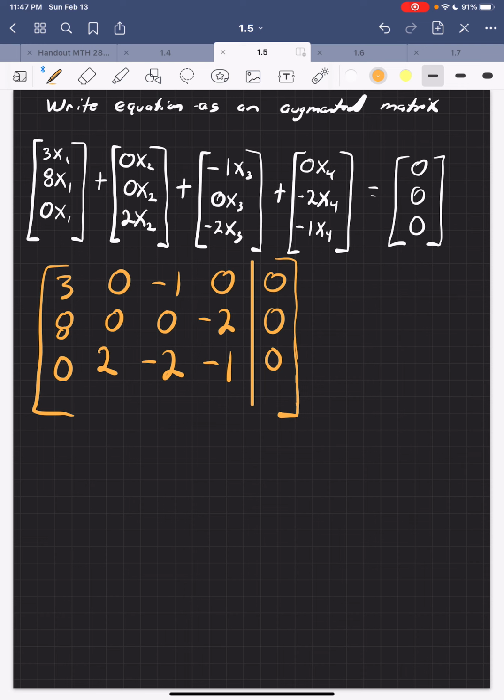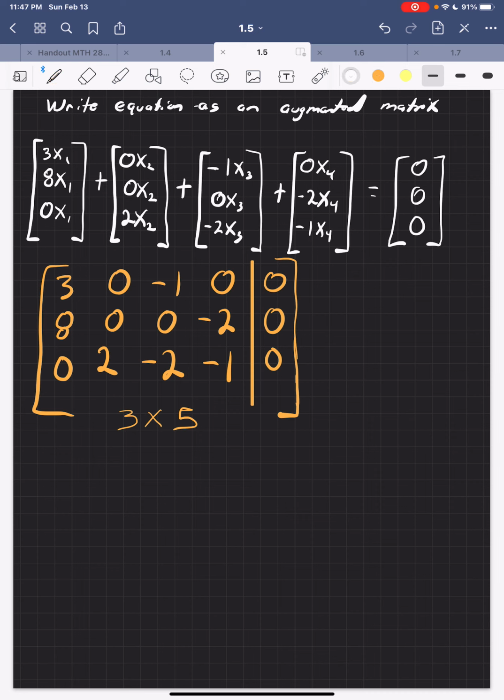And we have 3 rows, so 1, 2, 3 rows, and 1, 2, 3, 4, 5 columns. So this is a 3 by 5 matrix. Now, hopefully you have guessed where we're going after this.